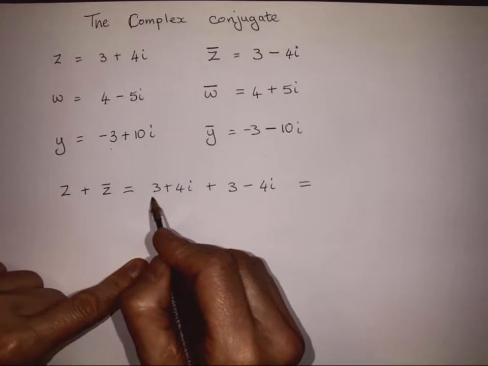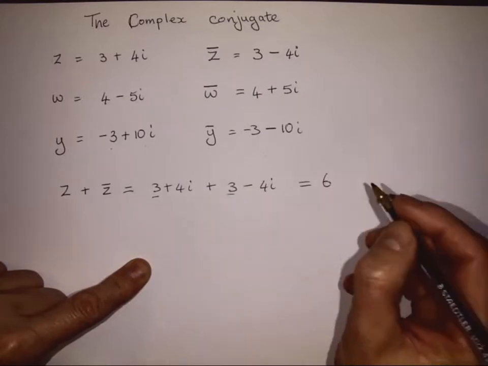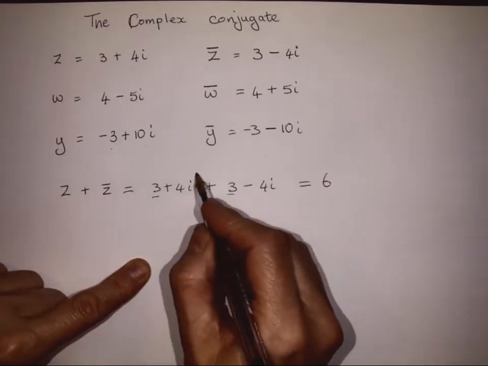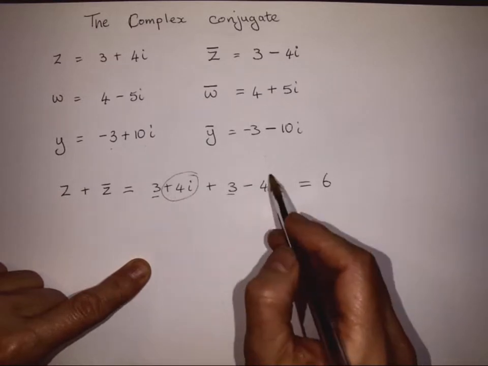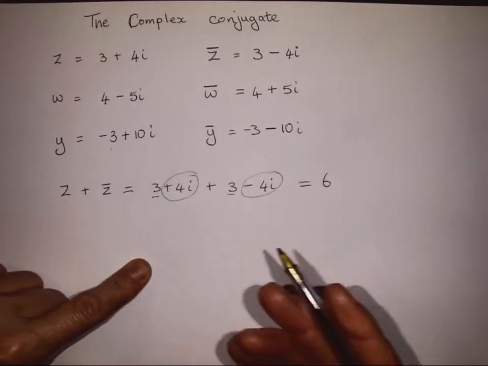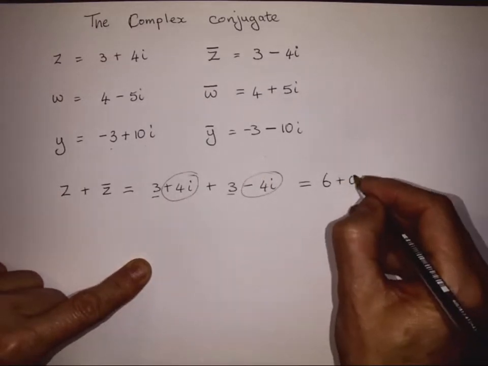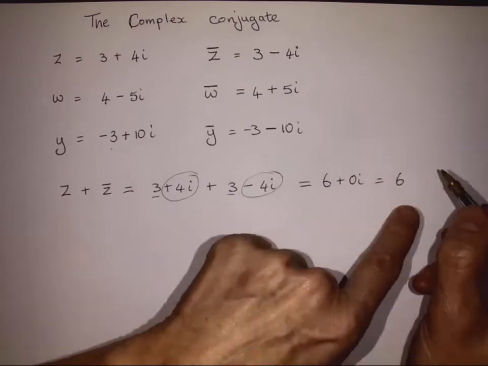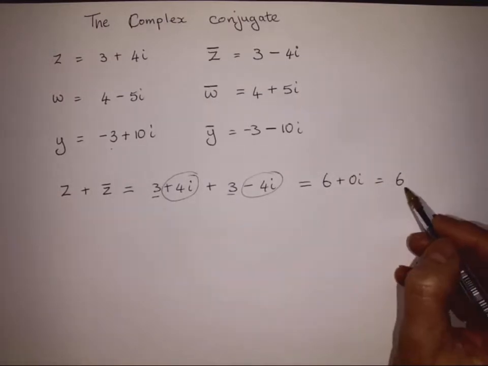If you add the real parts together, 3 and 3 is 6. But if you look at the imaginary parts, we have a plus 4 and a minus 4. So that's 0i, or basically 6. It is a real number only.